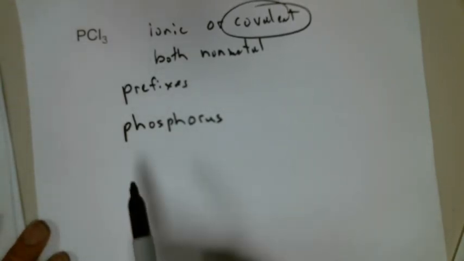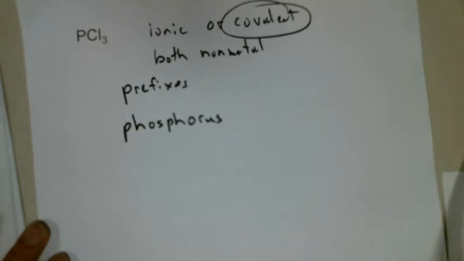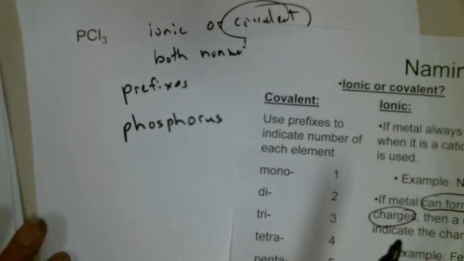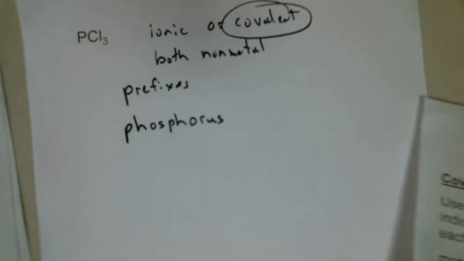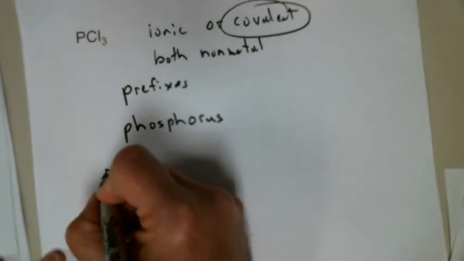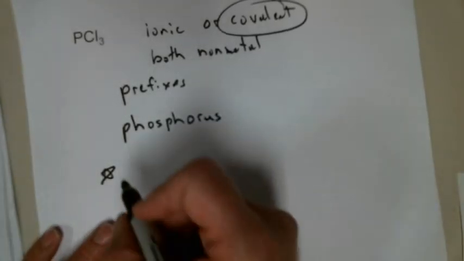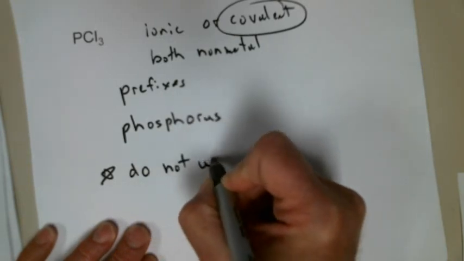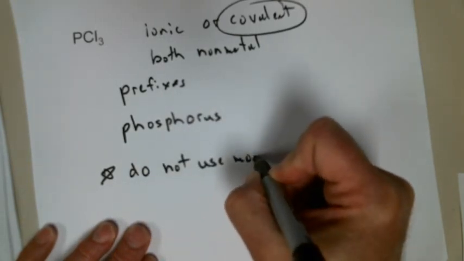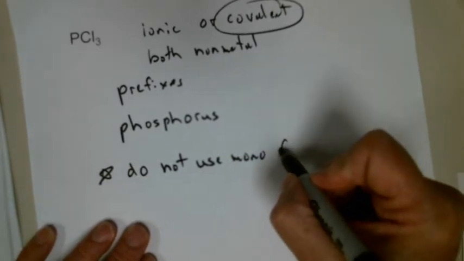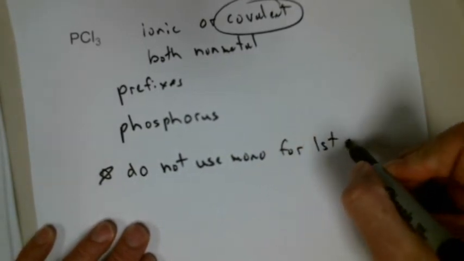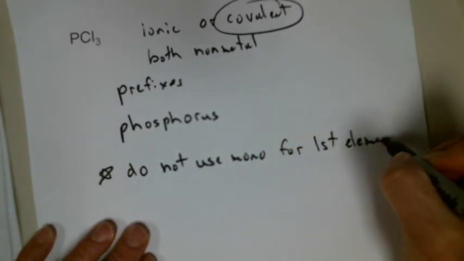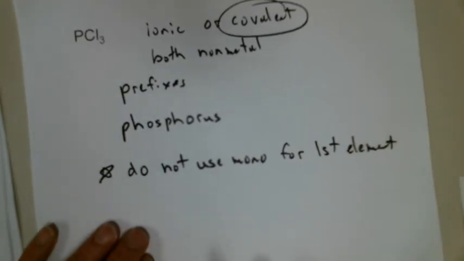So phosphorus. Now, why don't I have a mono in front of it? That's one of those goofy things, right? I hate this stuff. Sorry, all this stuff that makes chemistry hard. It turns out that the rule is we do not use mono for the first element. In other words, if there's only one of the first element, we leave the mono off.